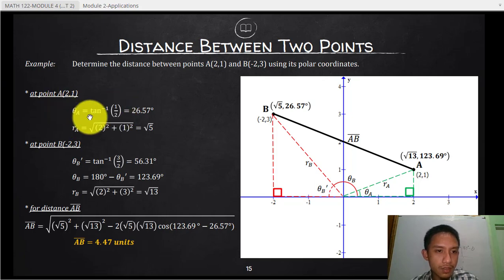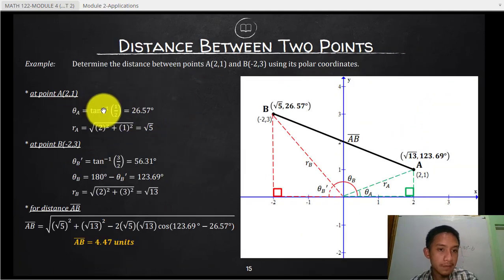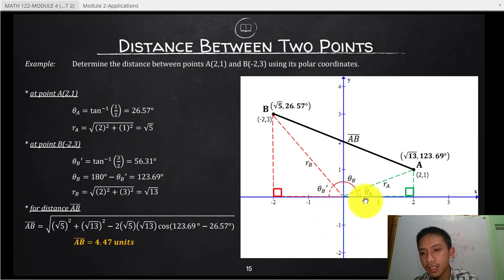Arctangent of 1 over 2 is your theta A. Again, that is just your formula here. Get the arctangent. Transfer your tangent. So that is your 1, 2. Okay, that is your rise. That is your run. That is your delta Y. That is your delta X. 1 over 2. Okay, so you will end up here with theta A, which is 26.57 degrees. That looks like 27 degrees.